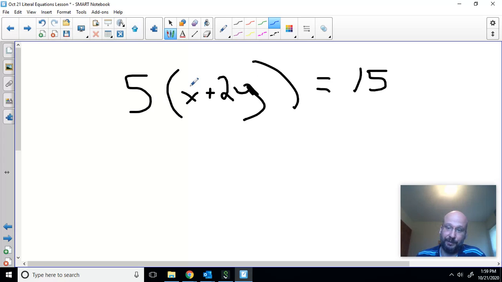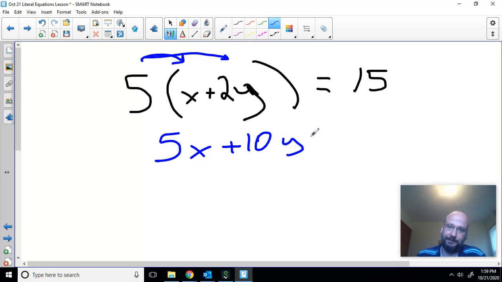So if we're solving for x, we're going to multiply by 5. 5x plus 10y equals 15, right? Distribute. Now we're solving for x, so I'm going to move this number here. It's plus 10y, so the opposite of plus 10y would be subtract 10y.